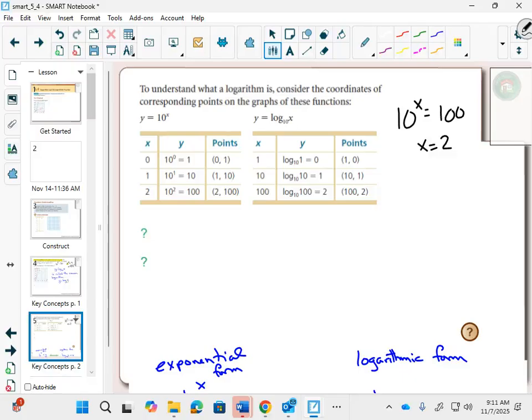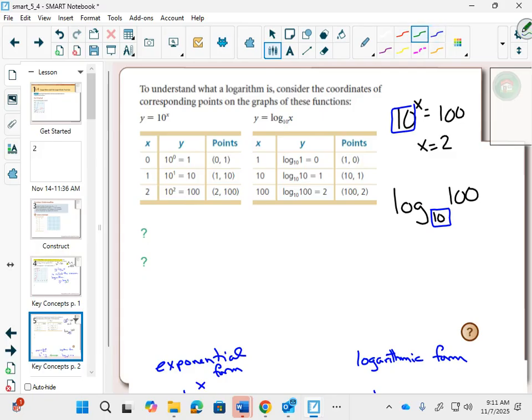When we write a logarithm, and this is going to take a while for us to get used to, you're going to have to ask, what does a logarithm mean? When I have log base 10 of 100, the 10 that's here is the same as the base that's there.